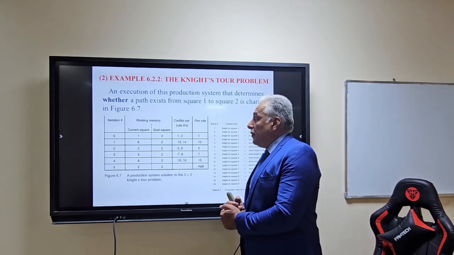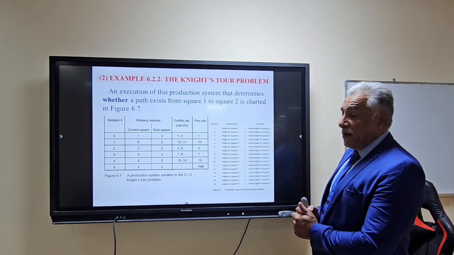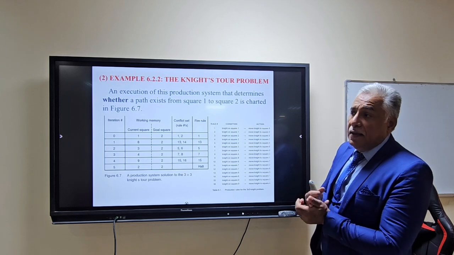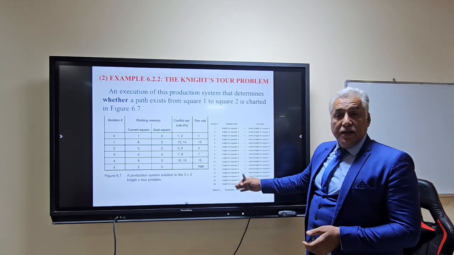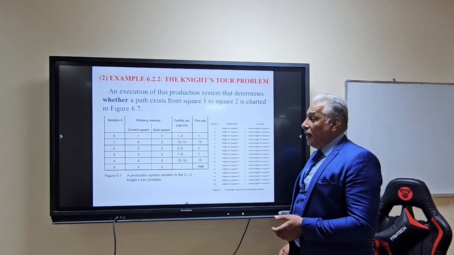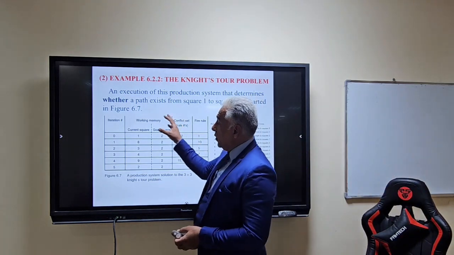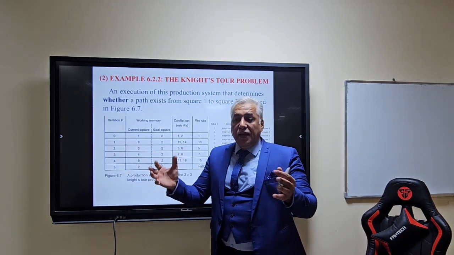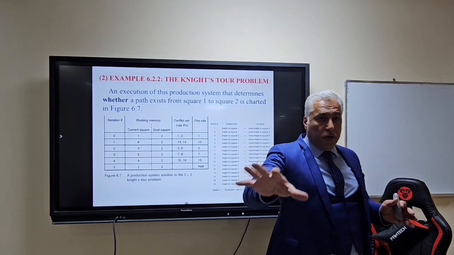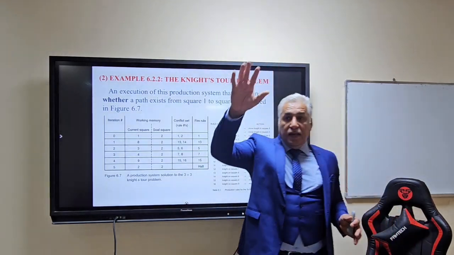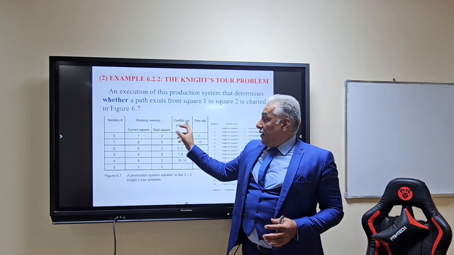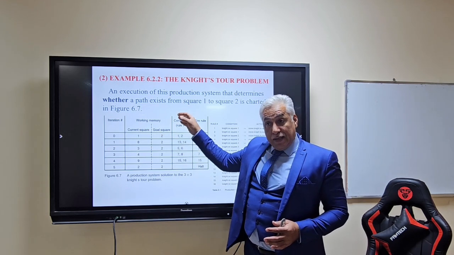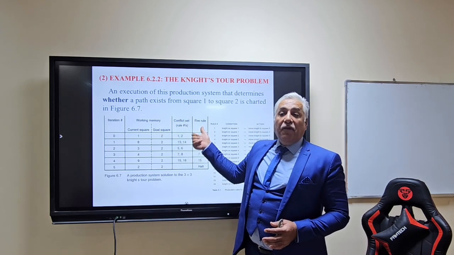Now, for the implementation of the production system using 16 rules, we will illustrate the figure of the working memory and the rules parts, called the conflict set, that means rule, and the fire.